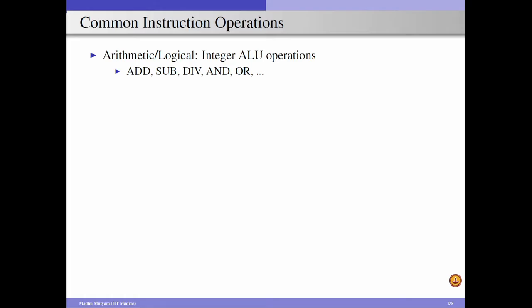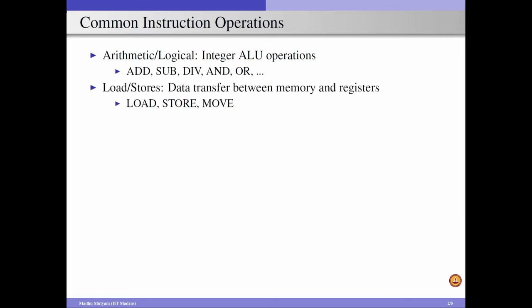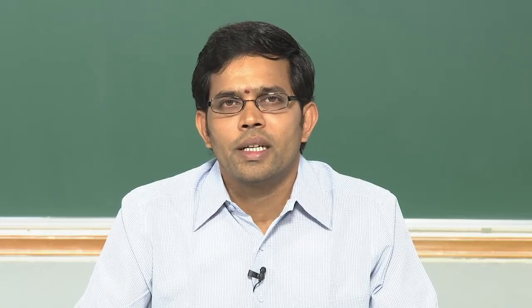Those are add, subtract, multiply, divide, and, or, shift operations, etc. After these ALU operations, because we want to read data from memory or write data to memory, we need data transfer operations to transfer data between the memory and registers, where we typically require instructions such as load, store, and move. Move is typically a memory to memory transfer operation.